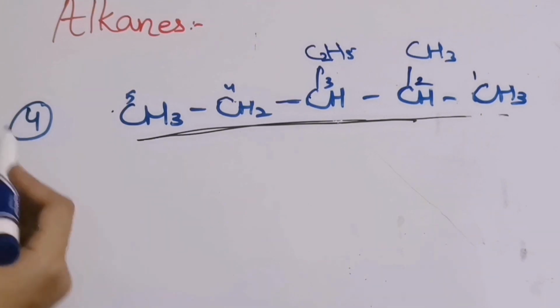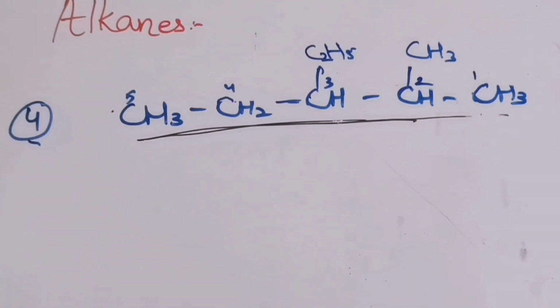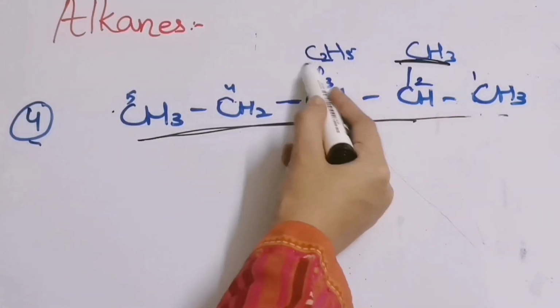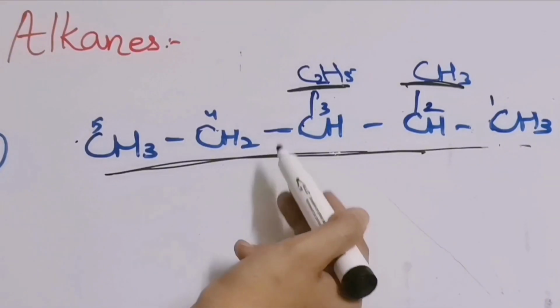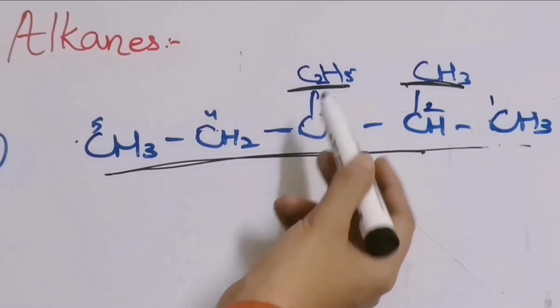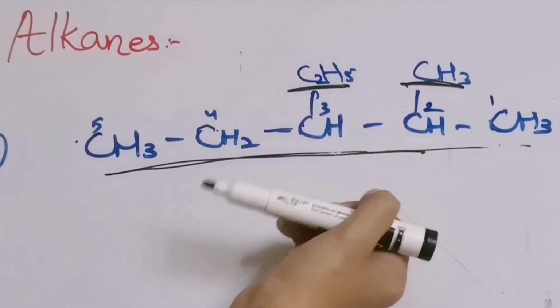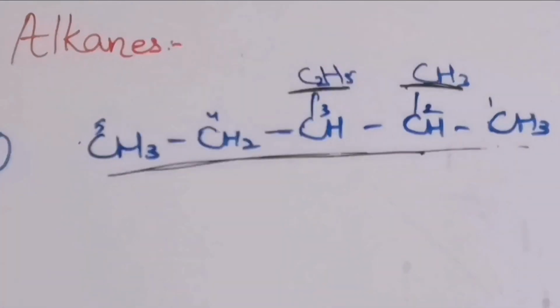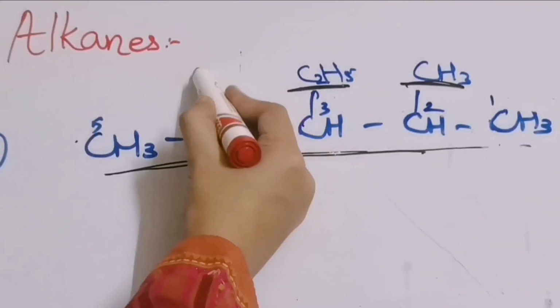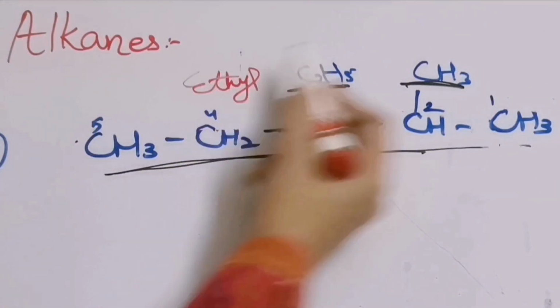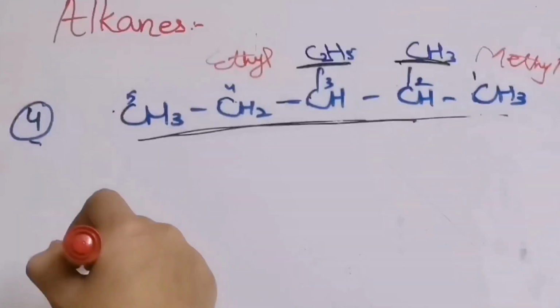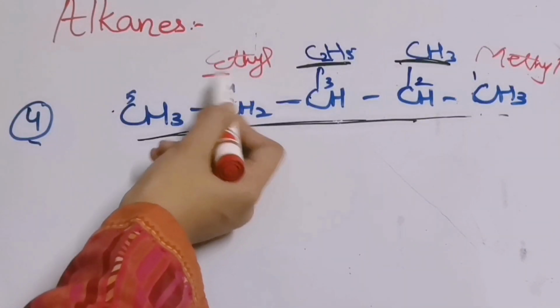Now according to the fourth rule, if we have two substituents present, see over here, this is methyl and this is ethyl. Then when we write the name of the compound, we will write the names of the substituents in alphabetical order. Ethyl, right, this is ethyl and that is methyl. Which one comes first alphabetically? Ethyl, E comes first.